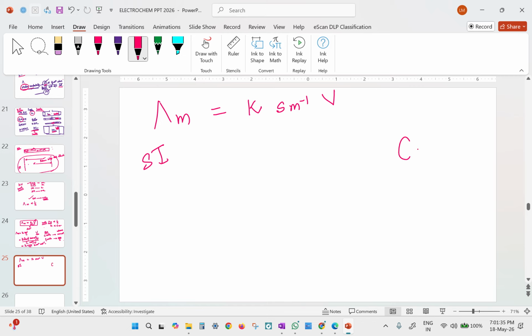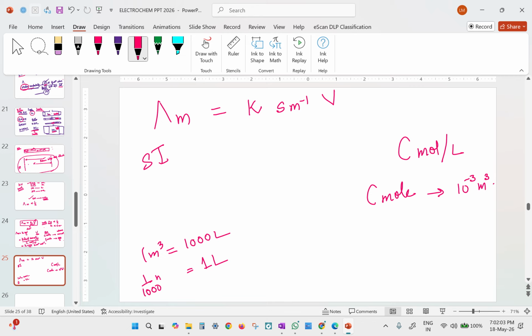Again going back, if the concentration is C mole per liter, that means C moles is present in 1 liter, or it is present in 10 to the power minus 3 meter cube. 1 meter cube is equal to 1000 liters, so 1 liter becomes 1 by 1000 meter cube, or 10 to the power minus 3 meter cube. Do you get it?